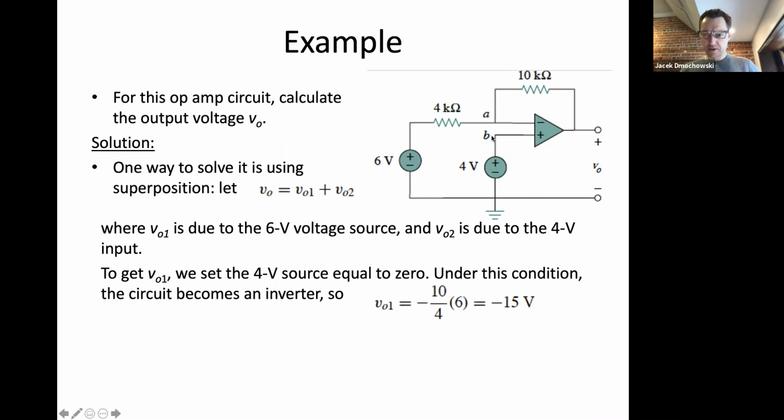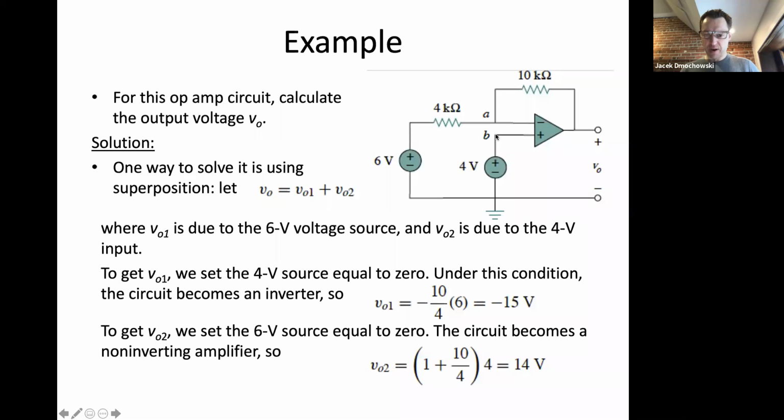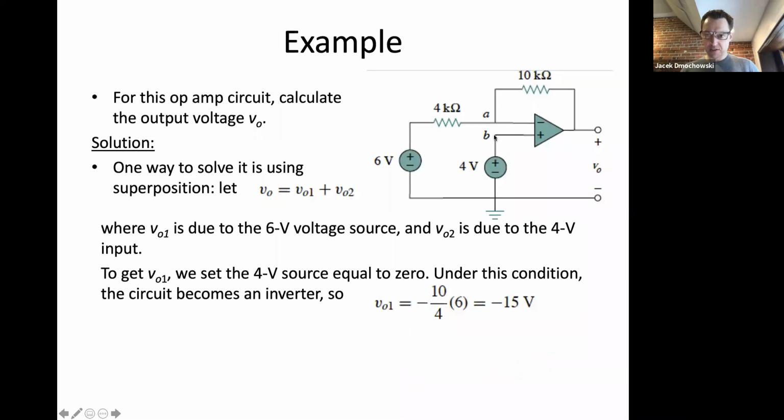So node B is now sitting at ground, right? Then this is just a standard inverter with a gain of -10/4, or a gain of -2.5. A gain of -2.5 with a 6-volt input would give us an output voltage of -15 volts.